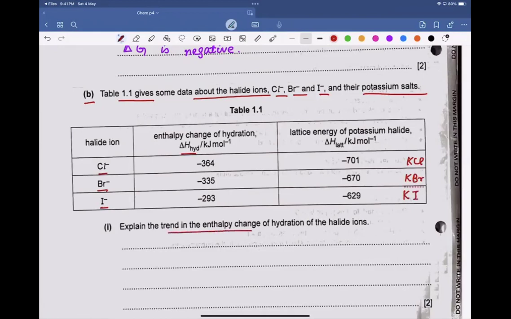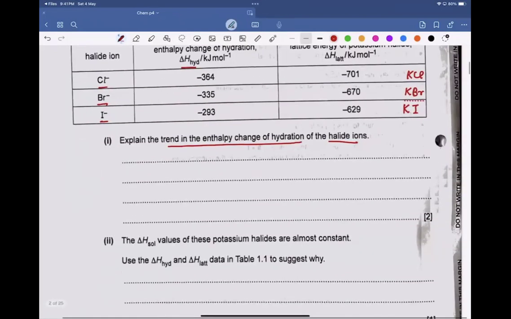Explain the trend in enthalpy change of hydration of the halide ions. So you see that they become less exothermic, or you can further write less negative, and it's for 2 marks. And it is because the size gets bigger as we move down, and the attraction between the ion and the water becomes lesser, makes it less exothermic.